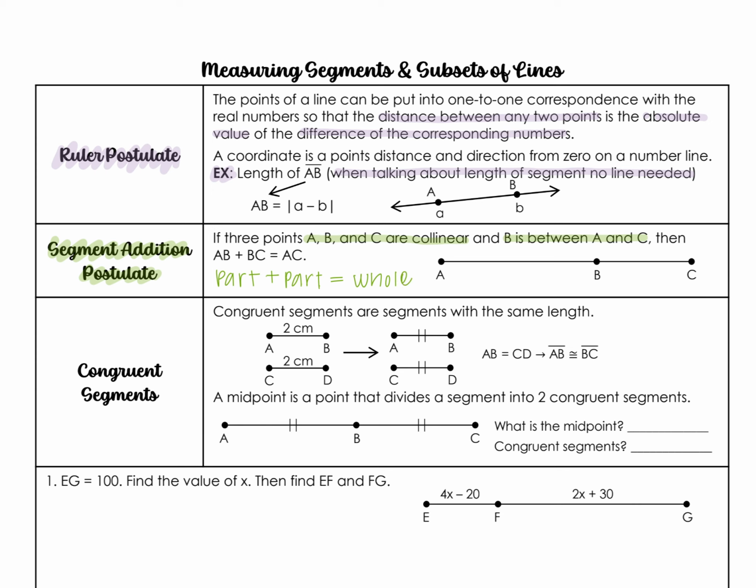Okay, in our next section, we have congruent segments. Congruent segments are just segments with the same length. A big thing to note with congruent segments, well, actually with segments in general, as I mentioned up above: when you are writing it this way with the equal sign, they are referring to the length of the segment being equal.